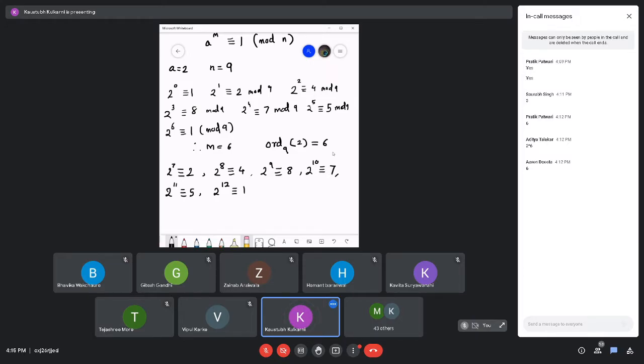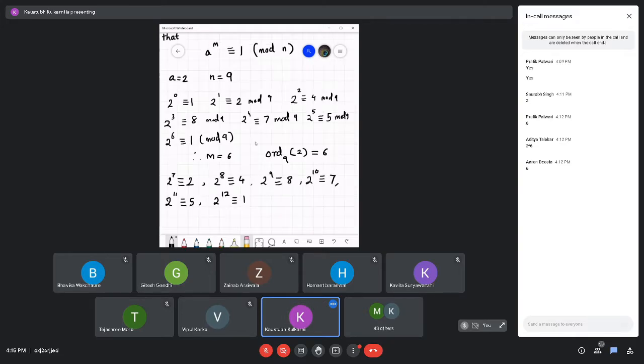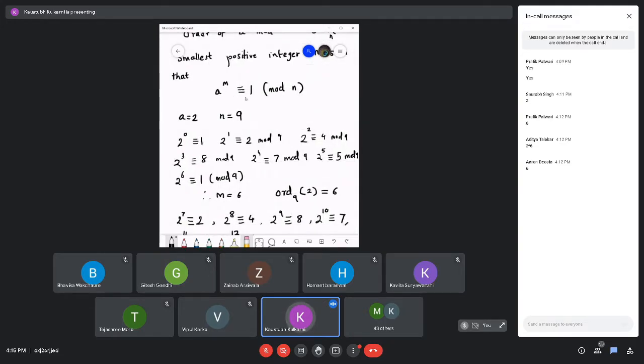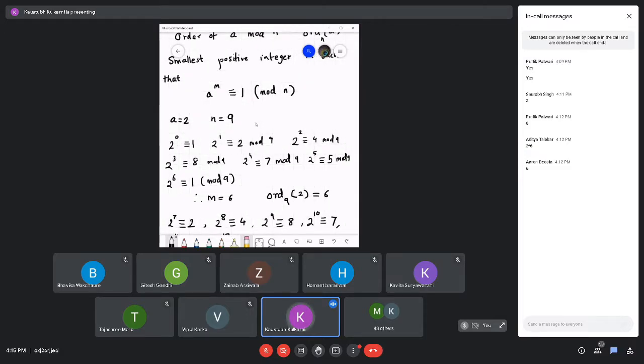Okay, so now can you think of any example where there is no such m? Is it possible that there is no such m for which this holds?